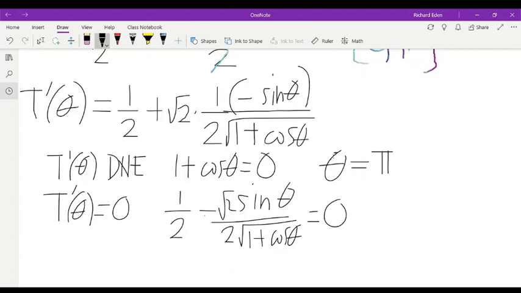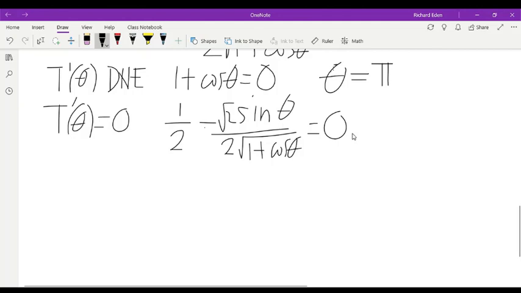I realize this would be the more challenging part of the problem, solving this trigonometric equation.